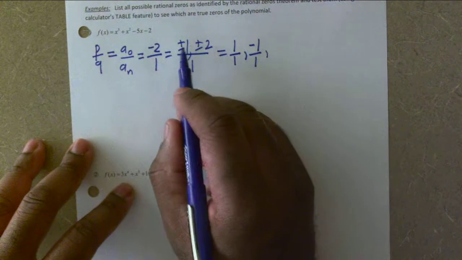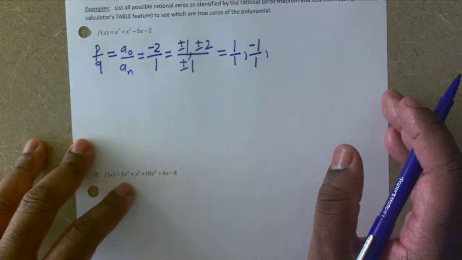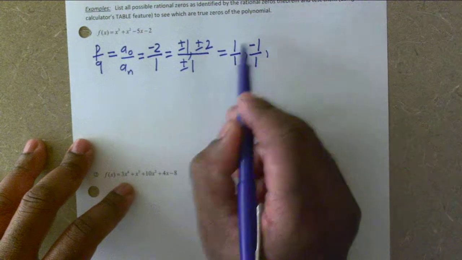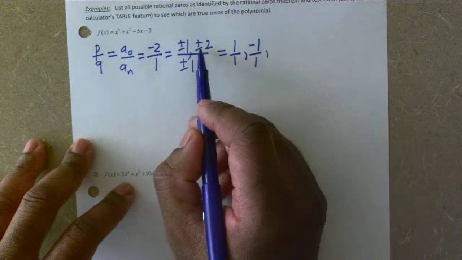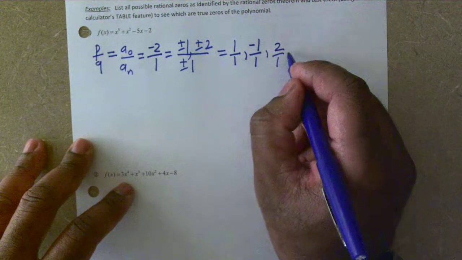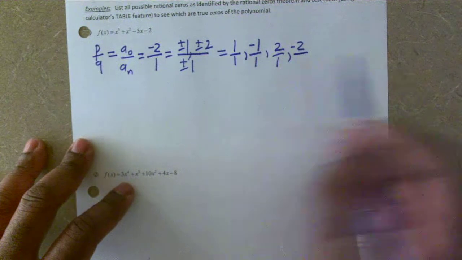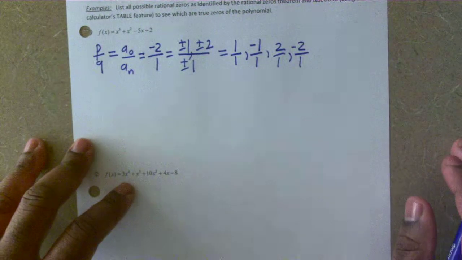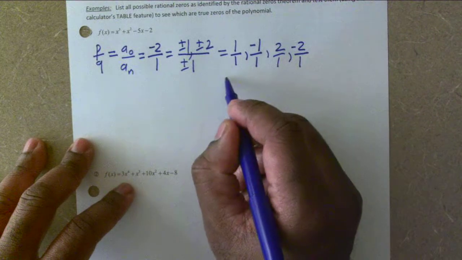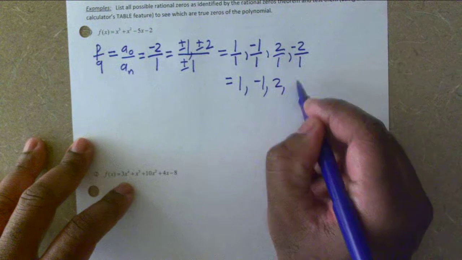Because remember, this is positive and -1 and positive and -1, right? So you know what, actually we don't have to do that. We'll just leave it as is. So now, we will have +2 divided by +1, and then we will have -2 divided by +1. So, this will equal 1, -1, 2, and also -2.